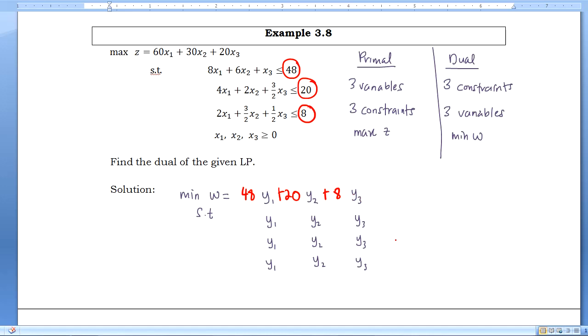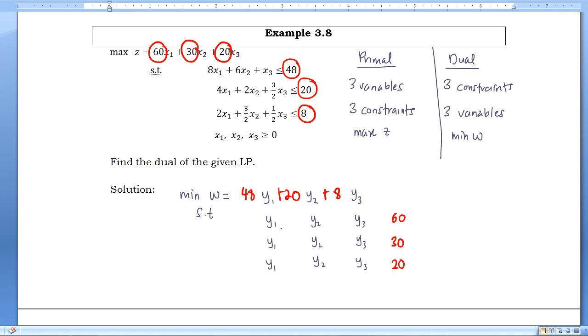And the right hand side of the constraints in the dual come from the objective coefficients. The right hand side of the first constraint is 60, 30 is the right hand side of the second constraint, and we have 20 as the right hand side of the third constraint.